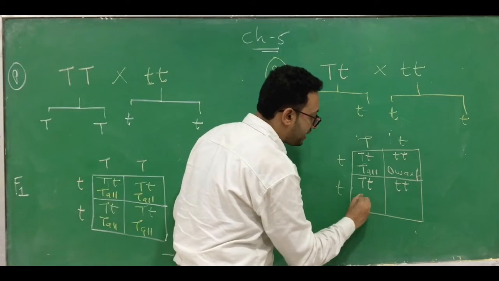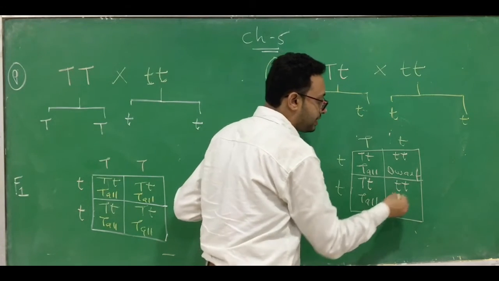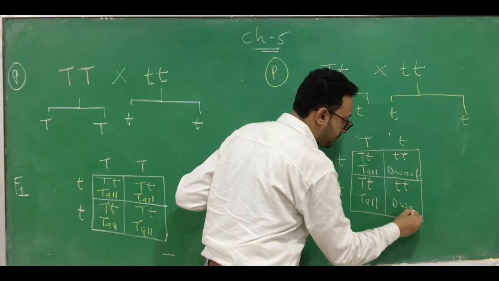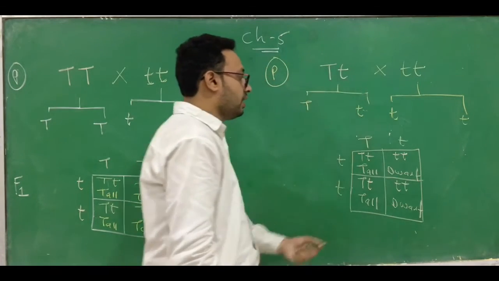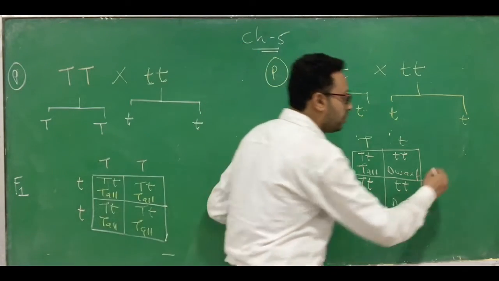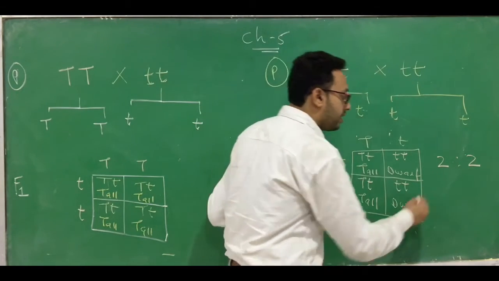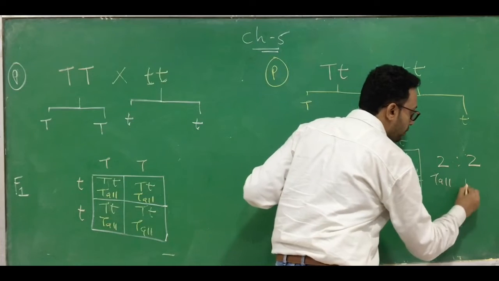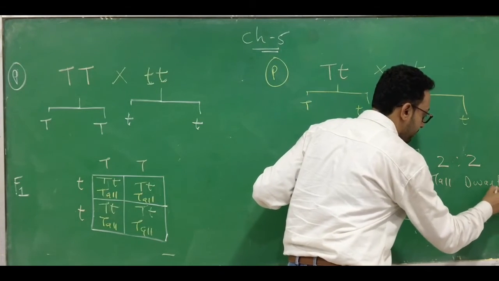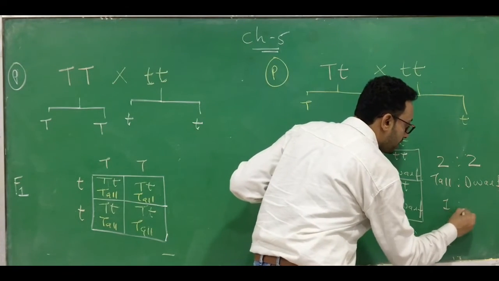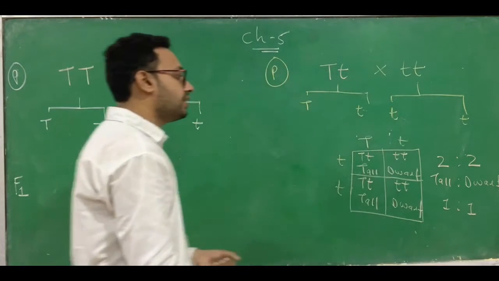Here capital T small t is tall, and small t is dwarf. So here you can see the ratio: 2 plants were tall, 2 plants were dwarf. So 2 is to 2, or you can say 1 is to 1.